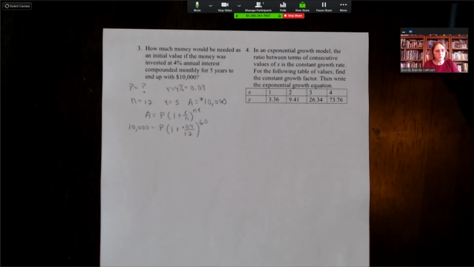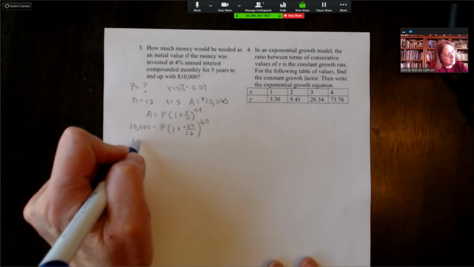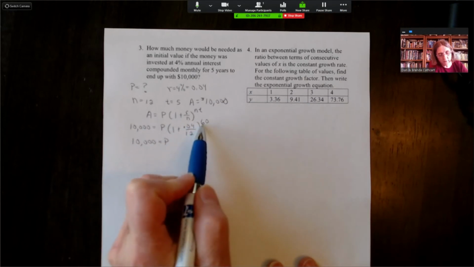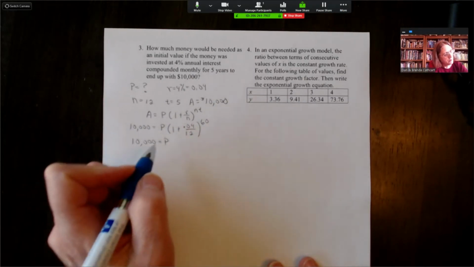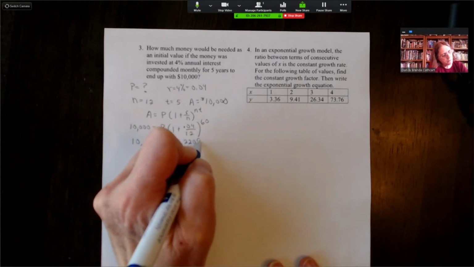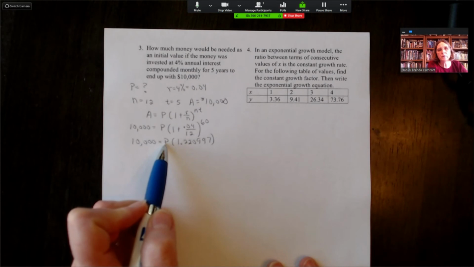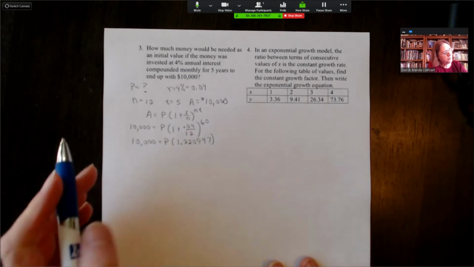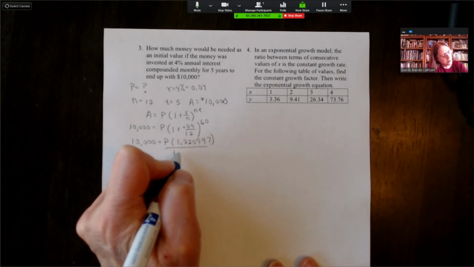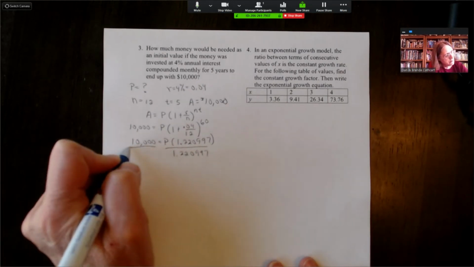So again, we're going to calculate this part all at once. When we do our quantity raised to the 60th power, we get 1.220997. And then solving for P, we want to divide both sides. So we're going to take this and divide both sides by 1.220997.